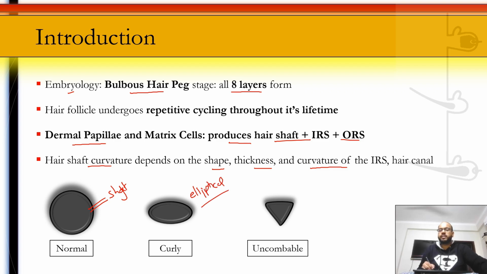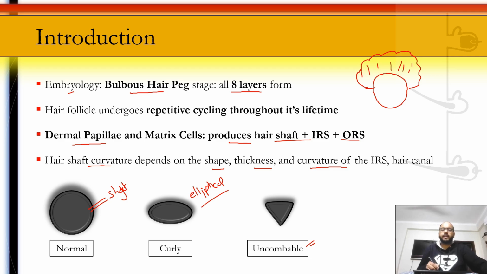And if the cross section is triangular, the hair is uncombable. So in the African American race, you have this kind of uncombable hair, which is difficult to comb. In multiple media you would have seen the afro hairstyle in the African American race, and it is very difficult to comb because of a triangular cross section.